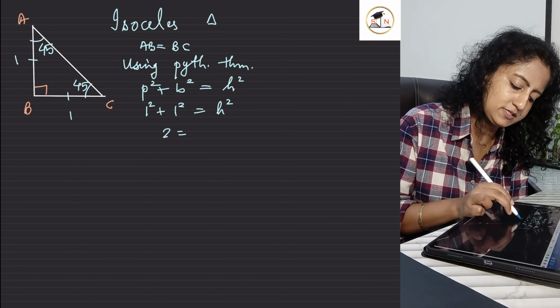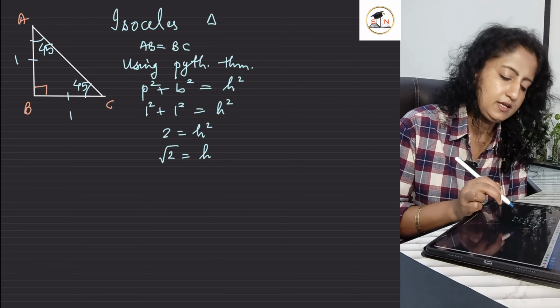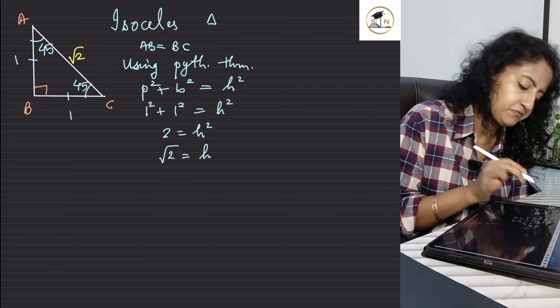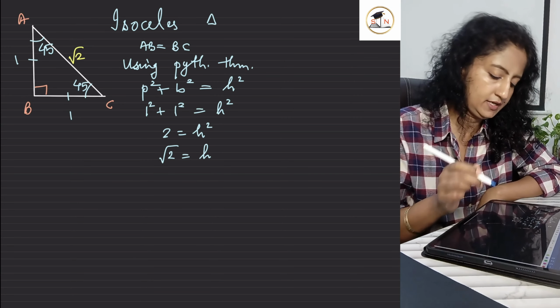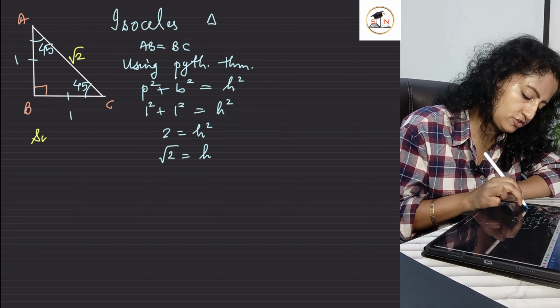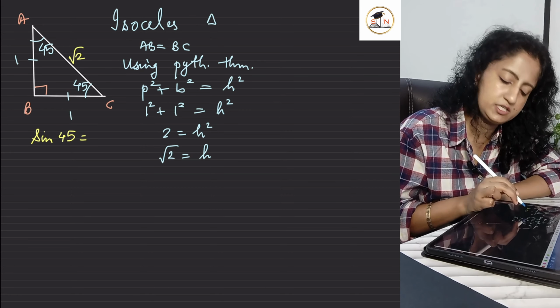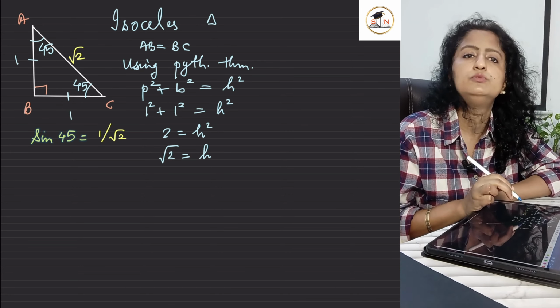We get 2 equals H square and therefore root 2 comes out to be H. So I will just mark that on the hypotenuse in the figure. AC is root 2. Okay. Now let's start finding the values of the ratios for 45. So sin 45, P by H. P by H means 1 by root 2.